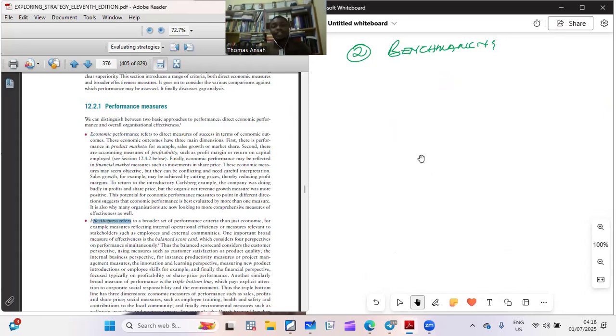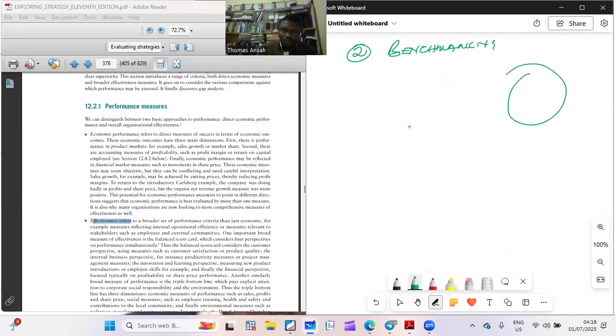So basically you can even use benchmarking as well to find out how efficient an organization is, because what benchmarking does is that it makes you do a systematic comparison with where the organization aims to be, their target. So you want to be here, but you are here. So this is what you compare yourself to, to know what to do. All right. That is basically it.